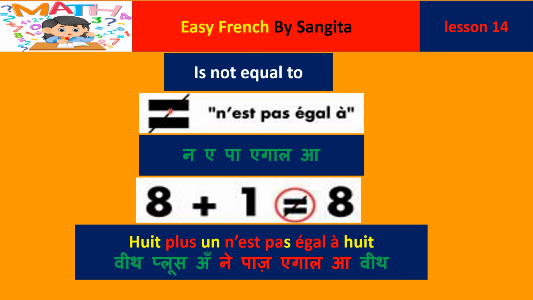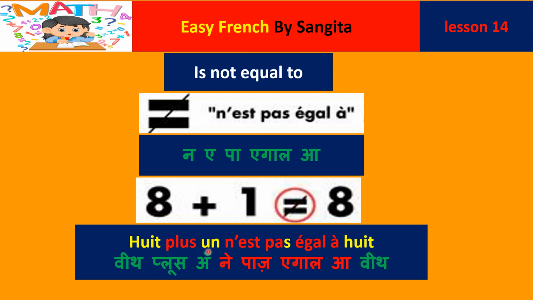And over here now is not equal to. This is the sign not equal to. In French we say n'est pas égal à. So 8 plus 1 is not equal to 8. It is 9, right? So 8 plus 1 is not equal to 8. You'll say huit plus un n'est pas égal à huit. Now the pronunciation of pas is linked because of this vowel.